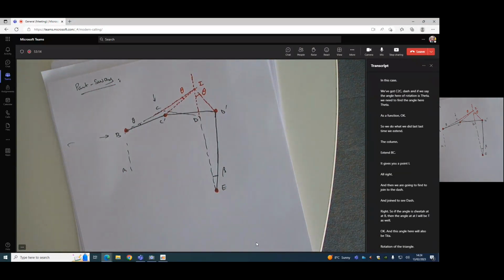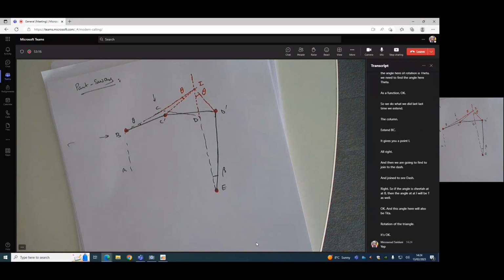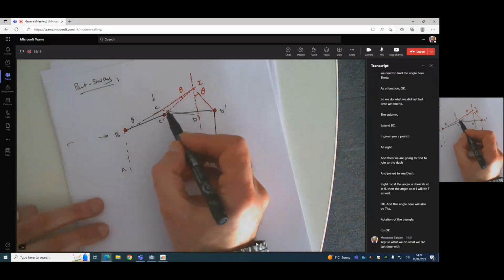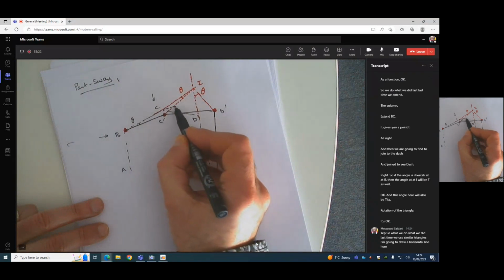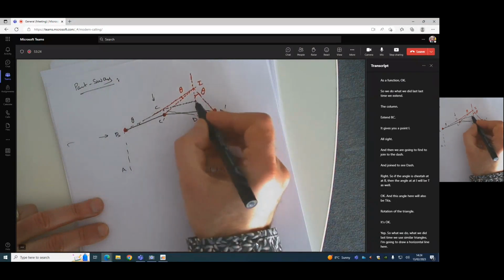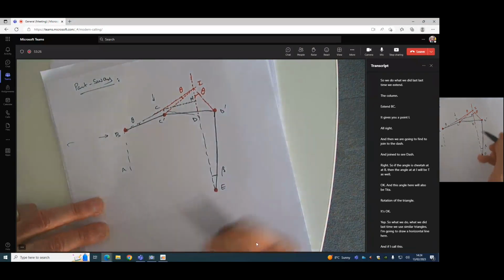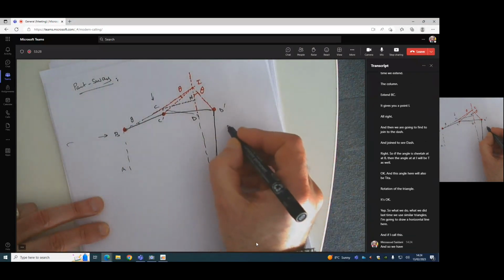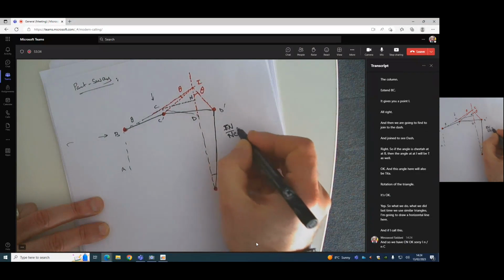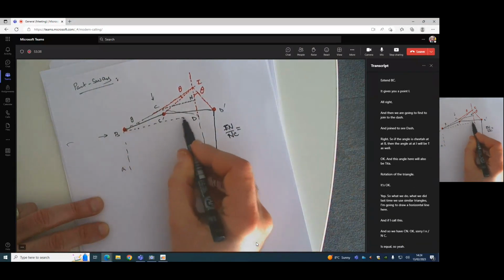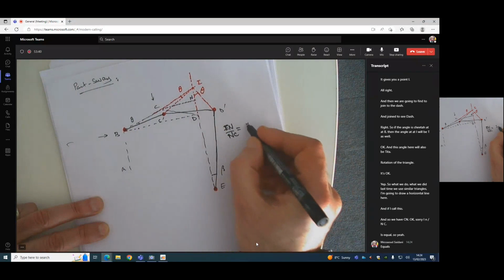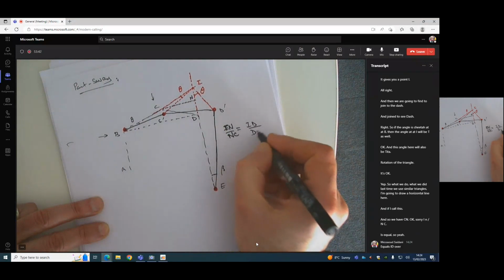Is that okay? Yeah. So we do what we did last time. We use similar triangles. I'm going to draw a horizontal line here, and I call this N. So we have IN over NC equals ID over DB.